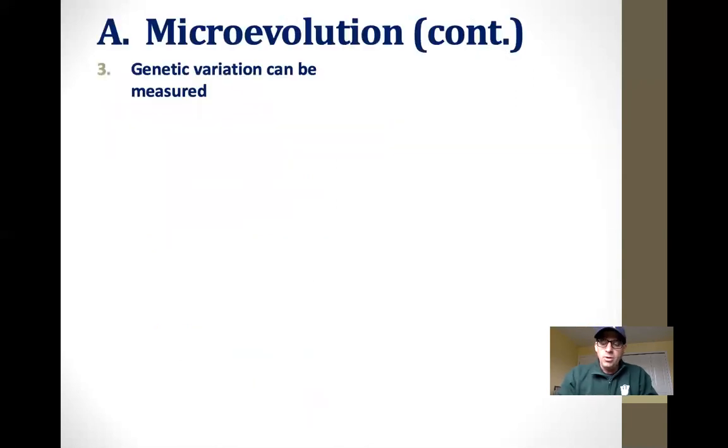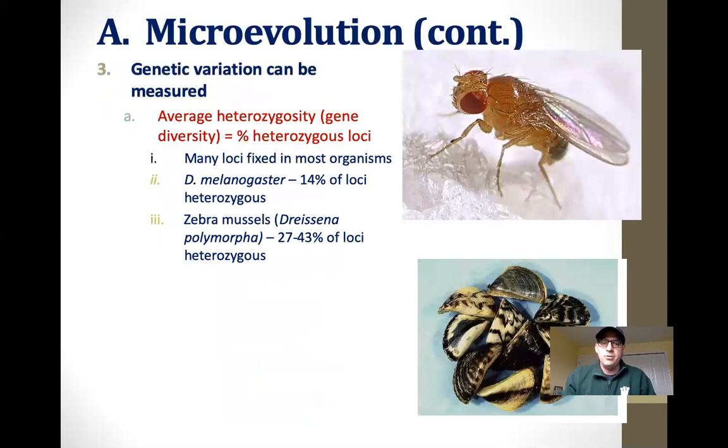So one thing that biologists, of course, will do is measure genetic variation within a population, and they can do that in a couple of ways. They can calculate what's called the average heterozygosity, or the gene diversity within an organism. It's been done with Drosophila melanogaster that you see in the top picture right here. It's been done in zebra mussels as well that you see here.